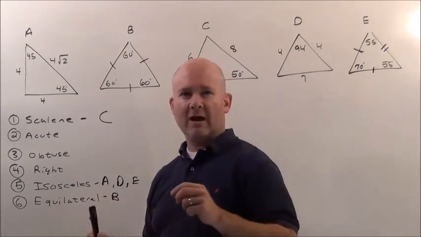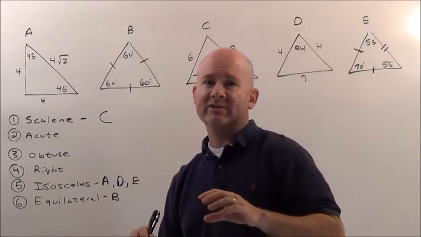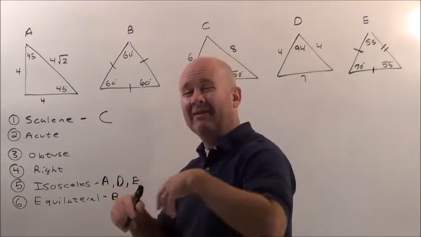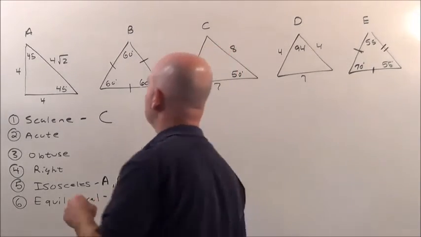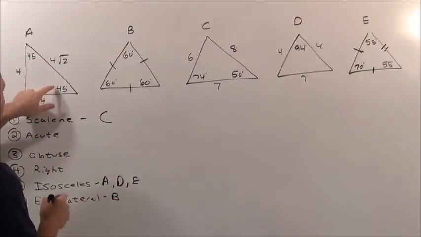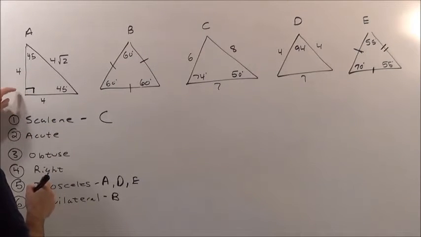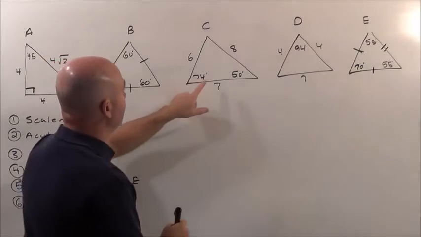An acute triangle means all the angles are less than 90, so we can't have anybody above 90. If we look here, this is 45, 45. That means this one is going to be 90 exactly, which means it's going to be a right triangle. We'll come back to it in a minute.